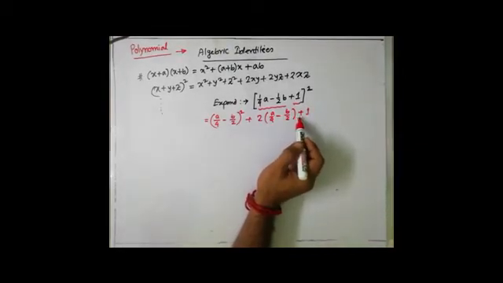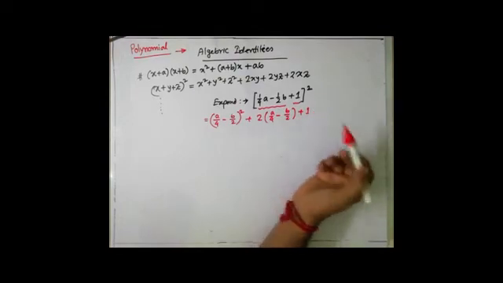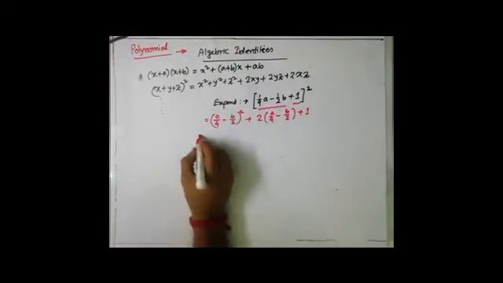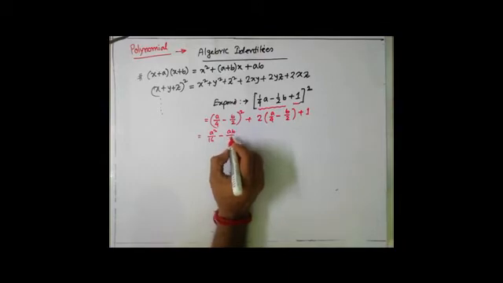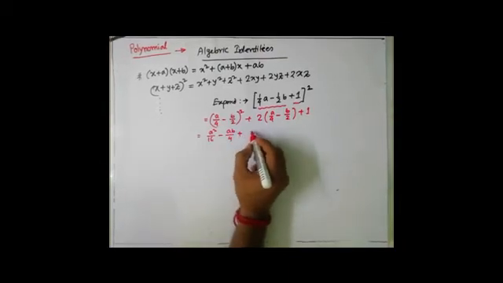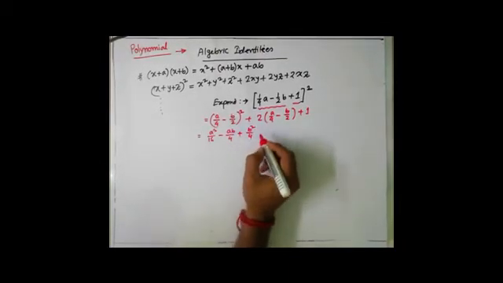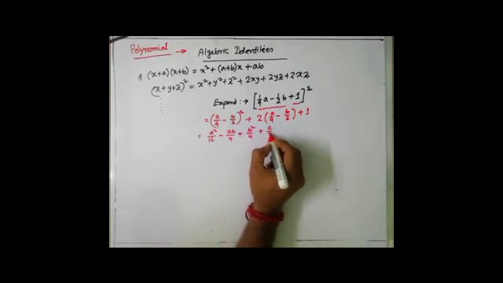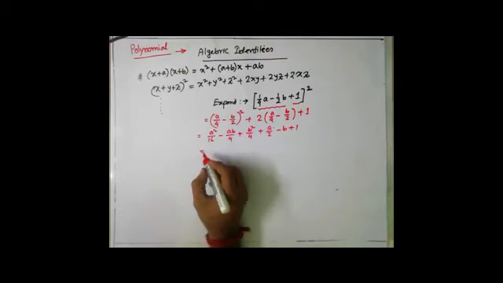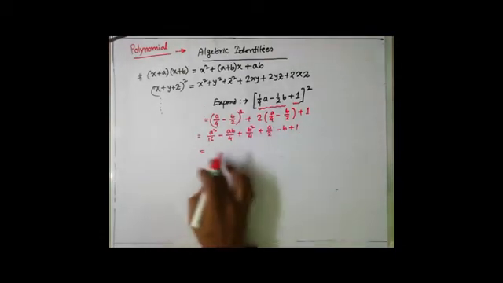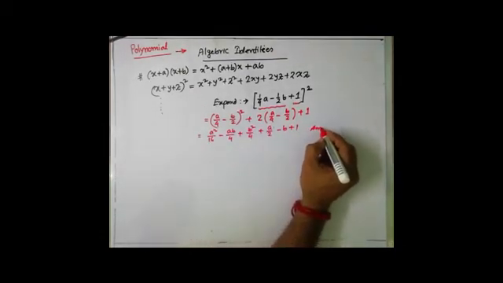So plus 1 square, which will be 1. If you simplify that whole expression, it will look like this: a square by 16, minus ab by 4, plus b square by 4, plus a by 2, minus b, plus 1. If you arrange it, that can be written as your answer.